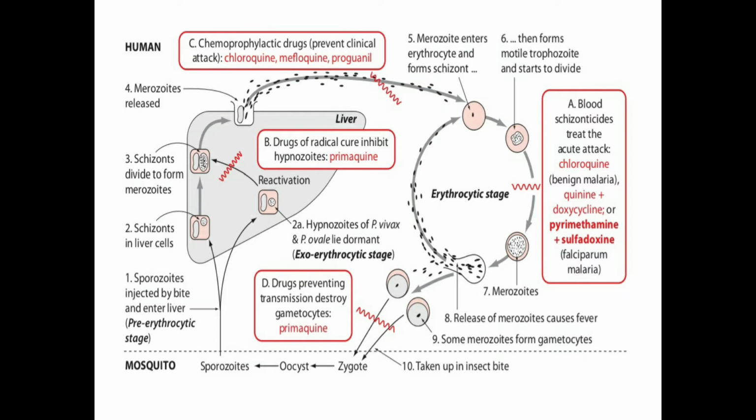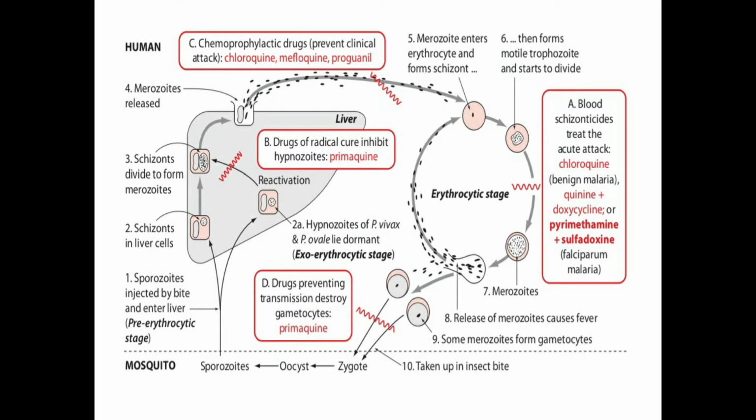In addition to chloroquine, we can also use quinine plus doxycycline or pyrimethamine plus sulfadoxine in case of falciparum malaria.